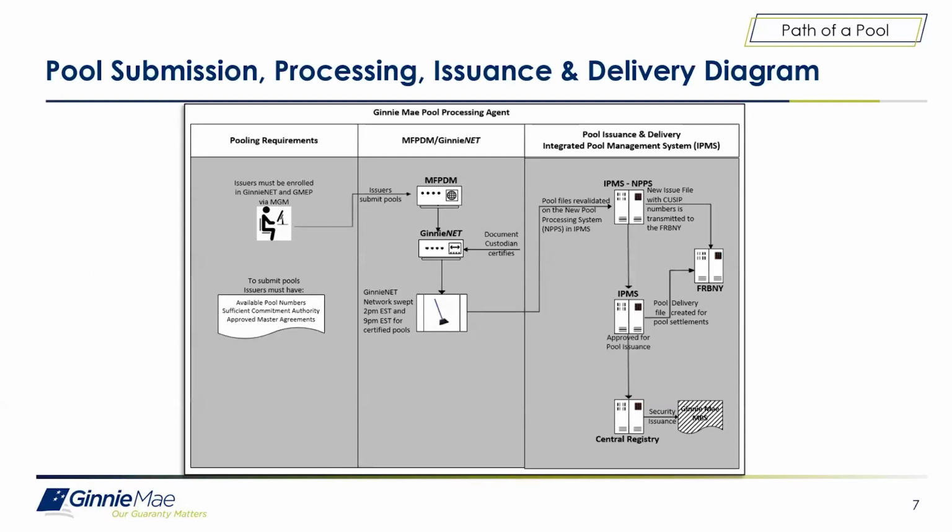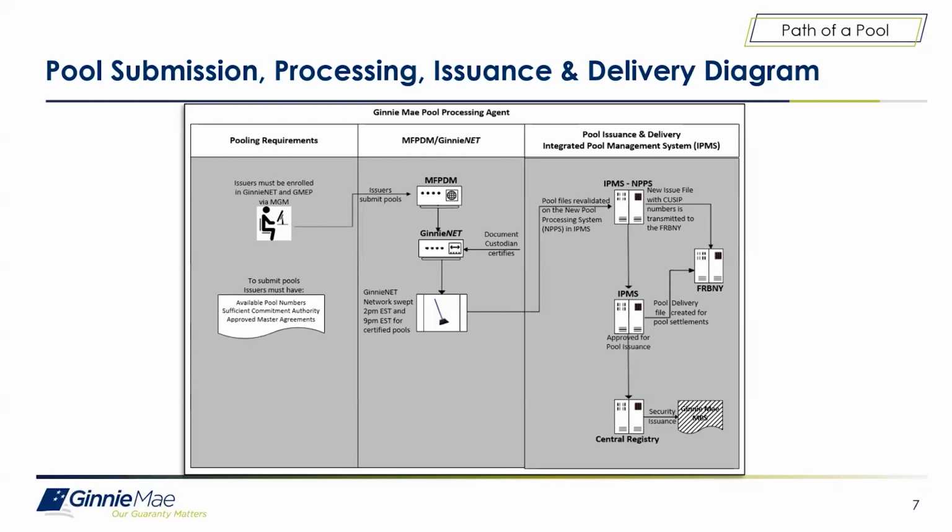We like to introduce this slide as part of the path of a pool so people get an understanding of what happens at different stages. First of all, we have the pool requirement that the issuers, of course, have to enroll in GeniNet/JMEP via MGM.